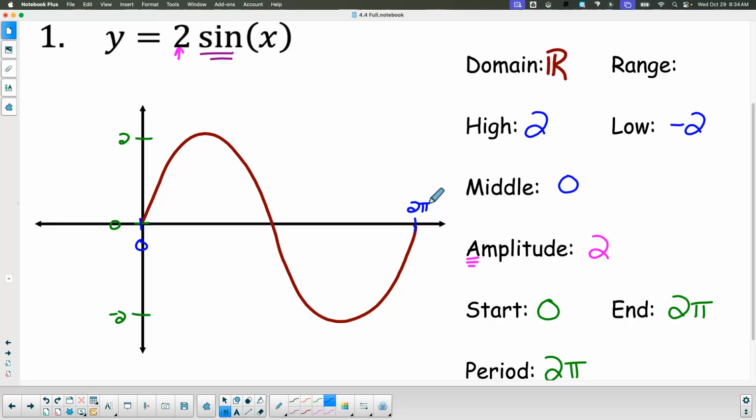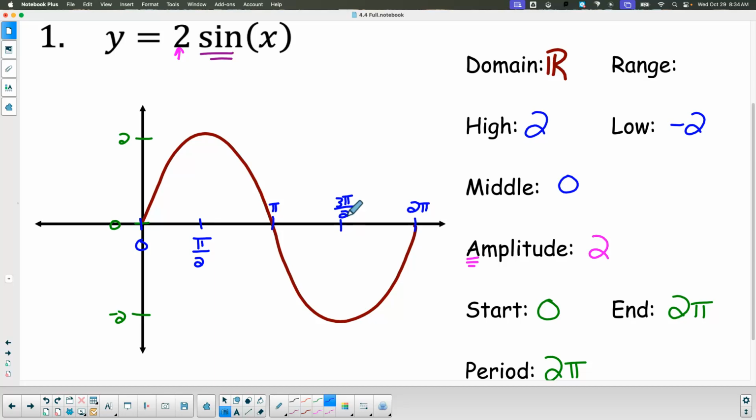This is another way of remembering how to find those. Half of 2 pi is pi. Half of pi is pi over 2. And then the average, pi plus 2 pi is 3 pi, divided by 2 is 3 pi over 2.